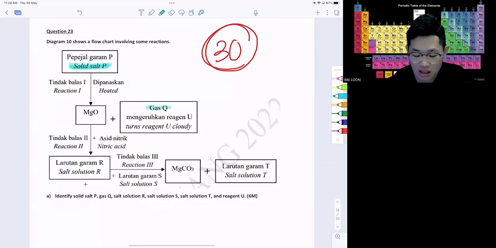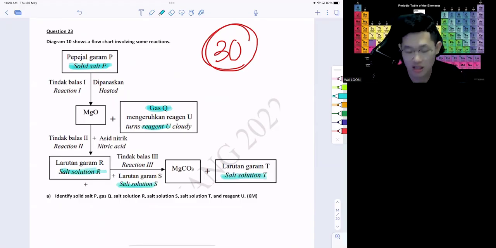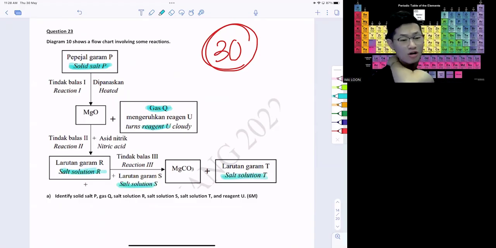Solid P, gas Q, reagent U, solution R, solution S, solution T. Okay, you try your best to find all the unknowns first. Then we will discuss later.